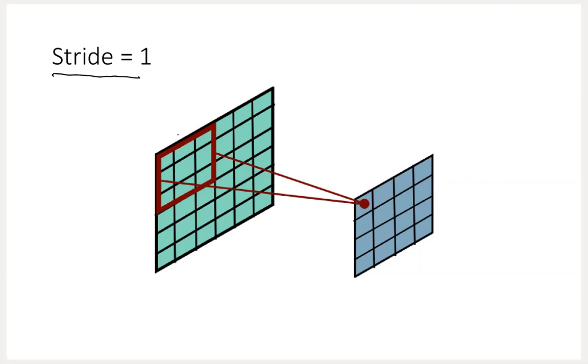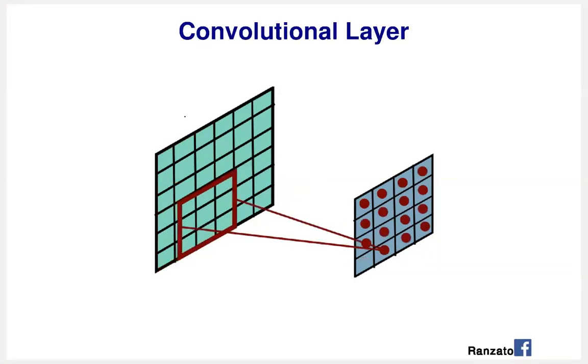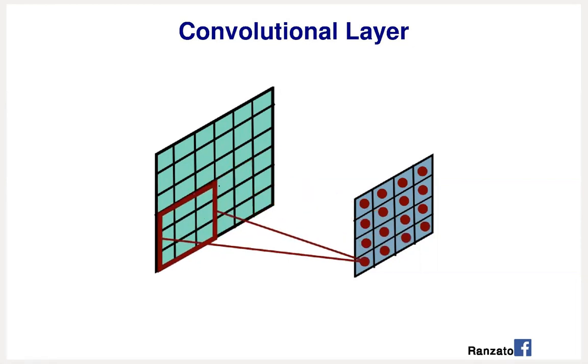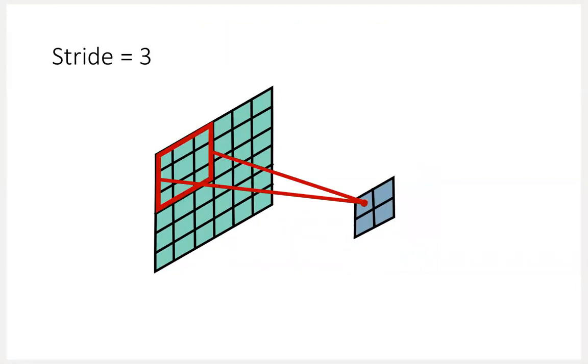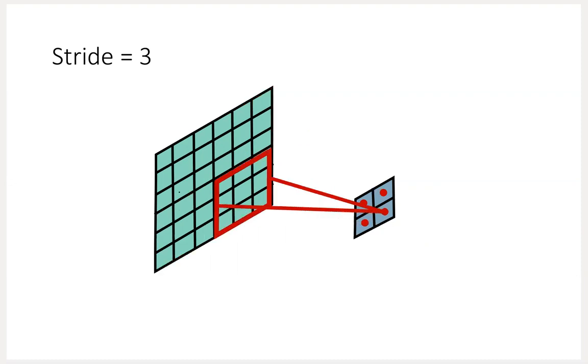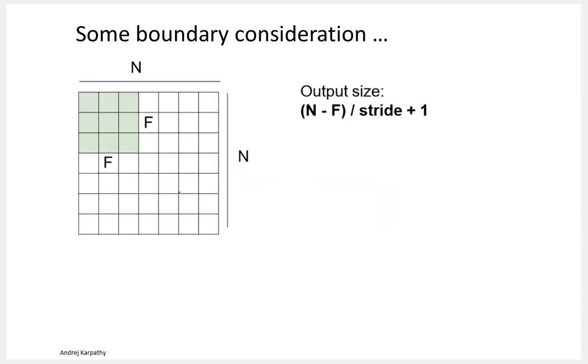For example, earlier this was stride one, where you go one step at a time, right? So when we say stride three, for example, you skip two steps at a time. So this is stride three, or you can use stride two or whatever.